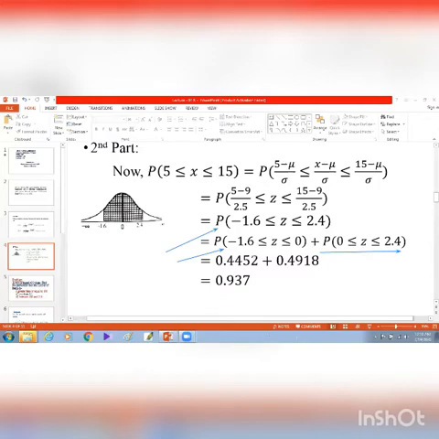Using normal table, we can write the value of probability of minus 1.2 less or equal z less or equal 0 equal to 0.3849 and probability of 0 less or equal z less or equal 2.4 equal to 0.4918. After adding these two values, we get 0.8767.